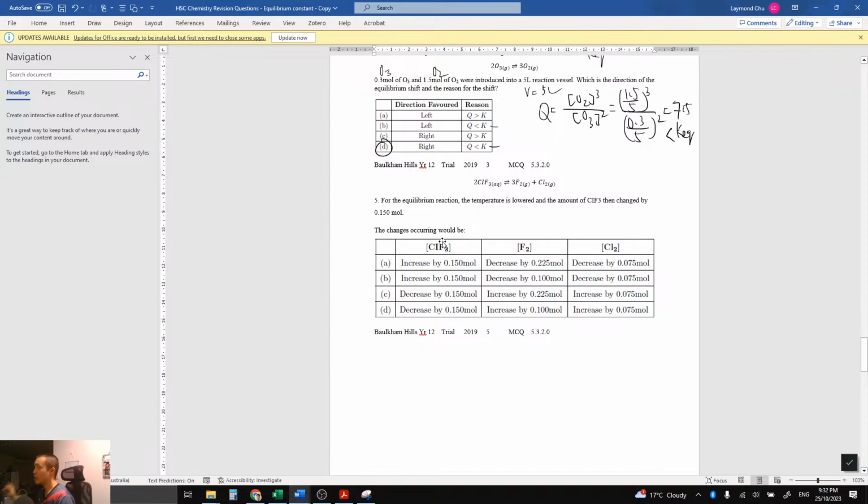For this equilibrium reaction, the temperature is lowered and the amount of ClF3 then changed by 0.15. Now, I don't know why this is missing, but this is exothermic. Okay, so if the temperature is lowered and this is exothermic, that means it's going to shift this way. So our ClF3 being changed by 0.15 moles is being deducted.